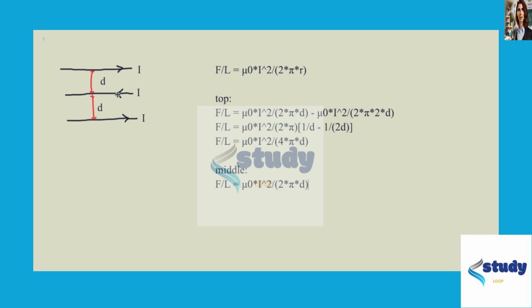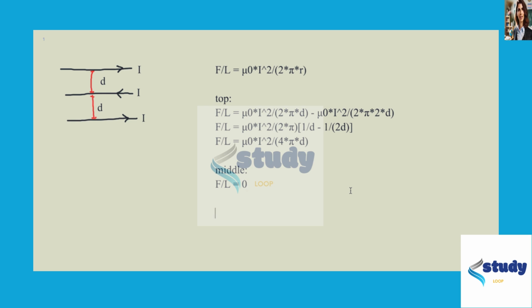We have a force exerted downwards from the top wire and a force exerted upwards from the bottom wire. They have the same magnitude because they're both separated by the same distance and have the same current. So that means it's going to totally cancel out because they're in opposite directions, and the net force is going to be 0.